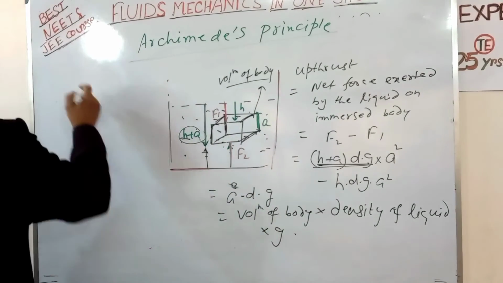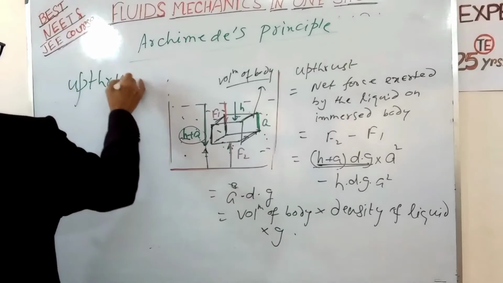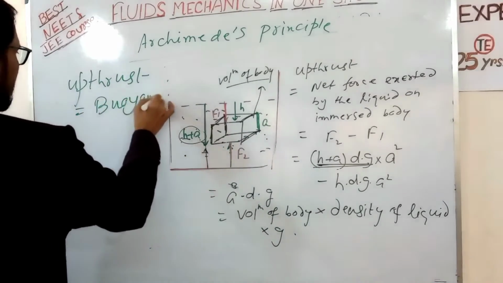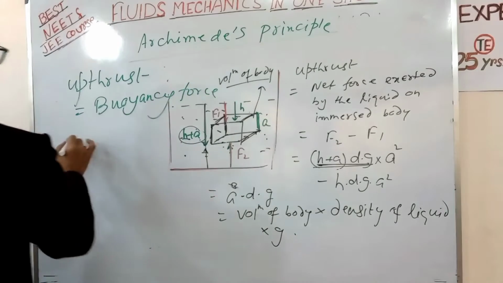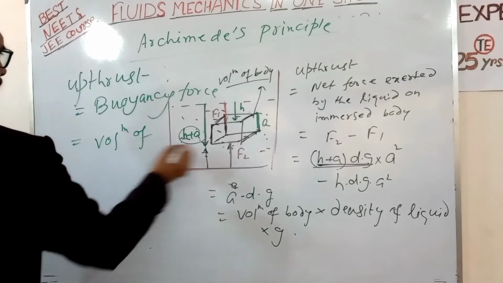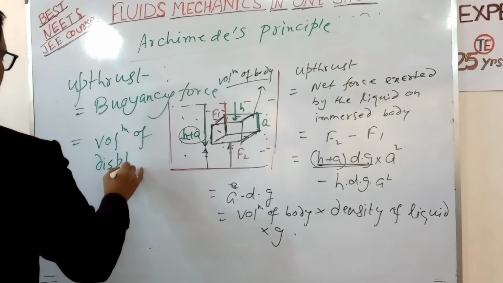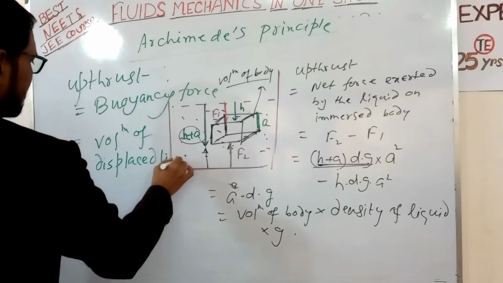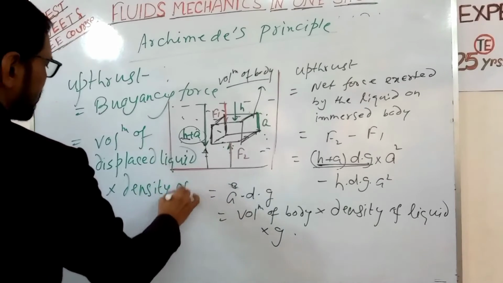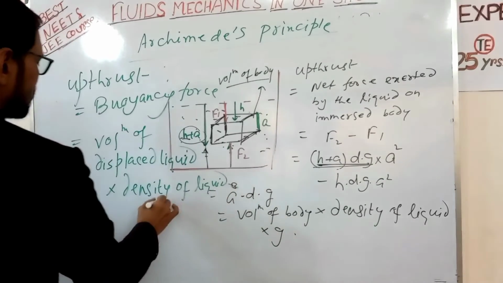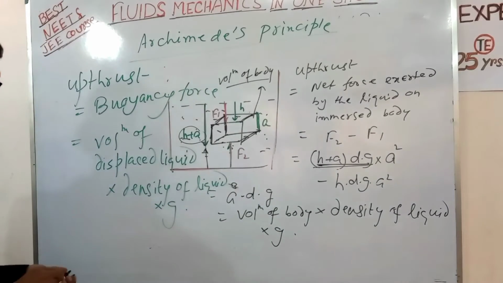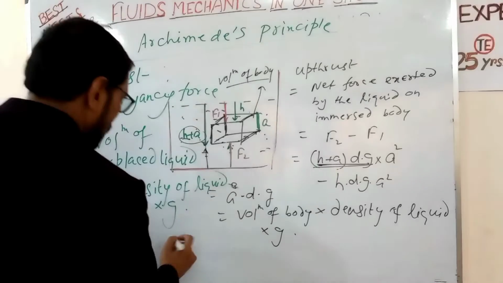Upthrust is also called buoyancy force, where a cube means the volume of displaced liquid into d, the density of liquid, into g. So upthrust equals buoyancy force, which is equal to V d g. So we remember the formula of upthrust.